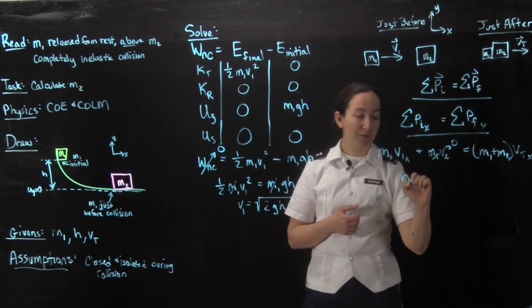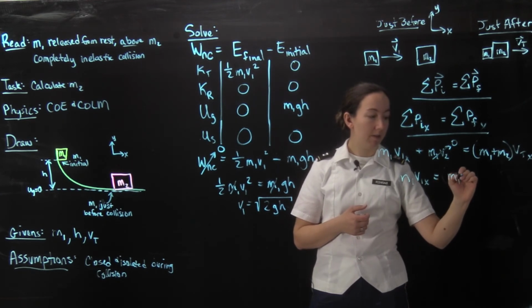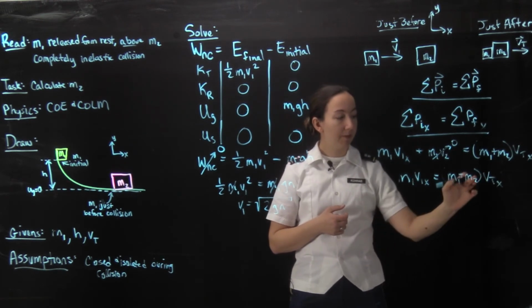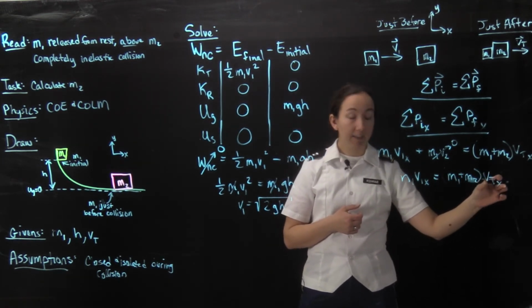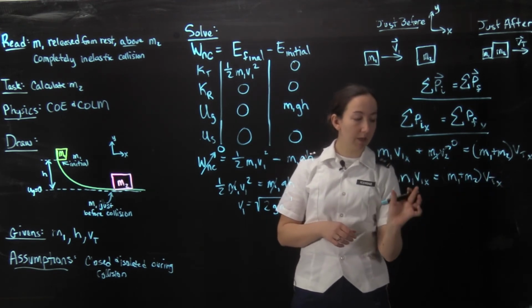So it's a couple algebra steps. And simplify that. And then I'm just going to take this velocity total, the combined velocity total in the x direction, and bring it over here.